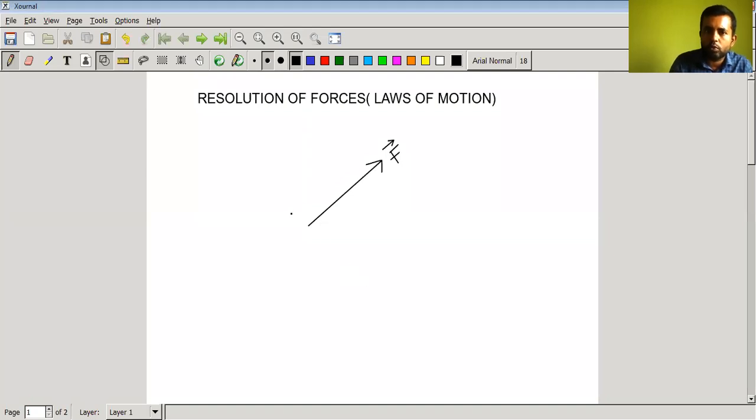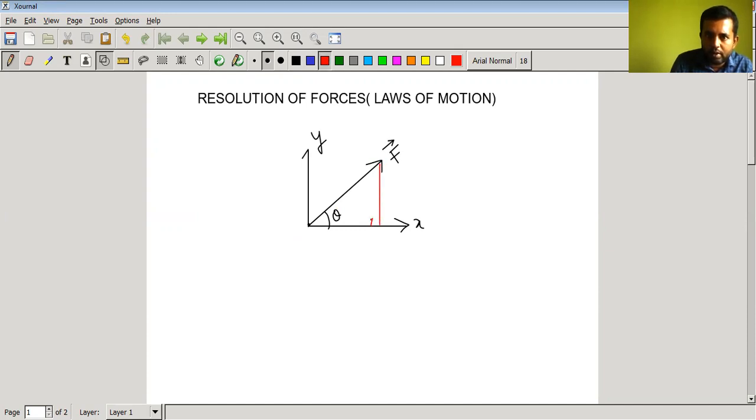So what we do is, at the tail of the vector we draw two axes. Let us say this is the x-axis and this is the y-axis, and suppose this angle is theta. Next we draw a perpendicular from the head of the vector on x.